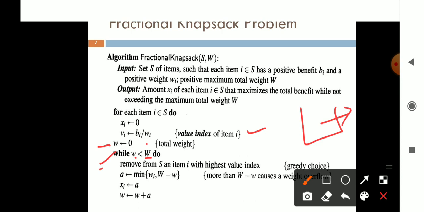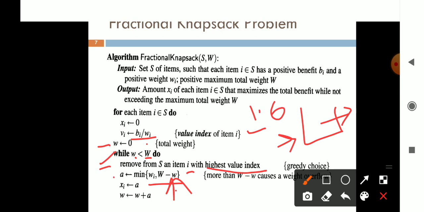So what we are going to do is remove from S the item i having the highest value index. In our last example, the highest value index, that is Pi divided by Wi, is 1.6. So we are choosing that, removing that item from the list and putting it into the bag. Now here we are going to find the minimum of Wi and W minus w. Minimum means we have to check whether the bag is full or has space.